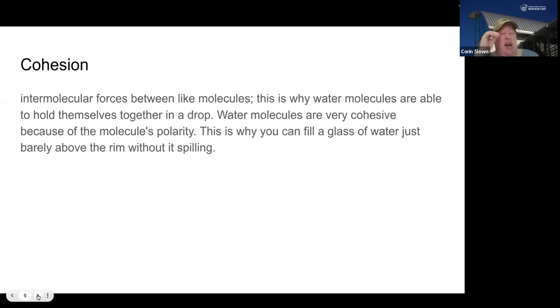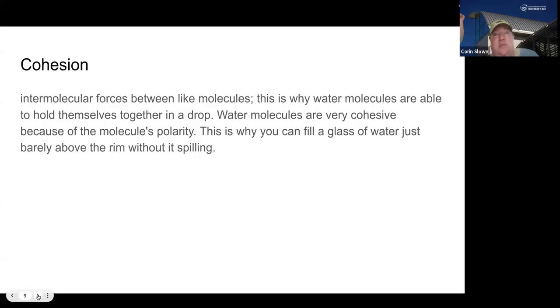And then we're going to talk a little bit about cohesion. This is, again, a result of intermolecular forces between similar molecules. The reason you can form a drop of water is cohesion. Water molecules, because of hydrogen bonding, due to the polarity of the water molecule itself, are the reason why they cohere.